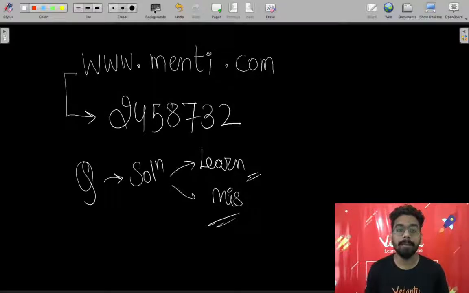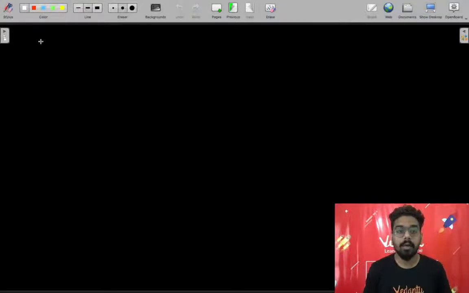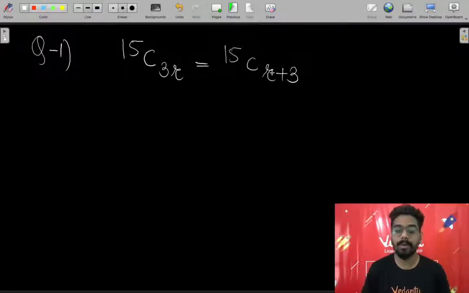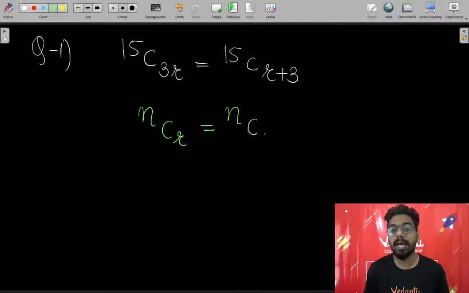आपका question क्या था? देखते हैं. Question number 1 was 15C3R is equal to 15CR plus 3. Okay. Now the concept behind it is, if we are having NCR, then it will be equal to NC(N minus R).